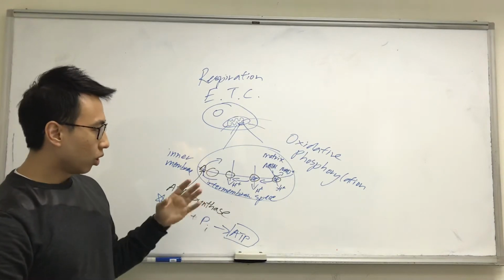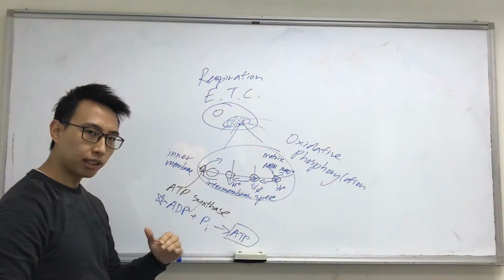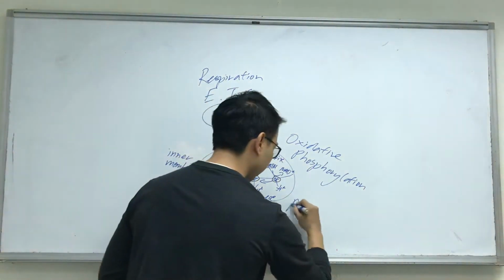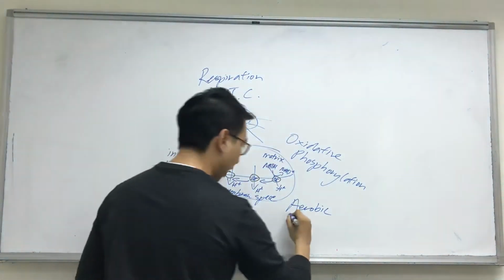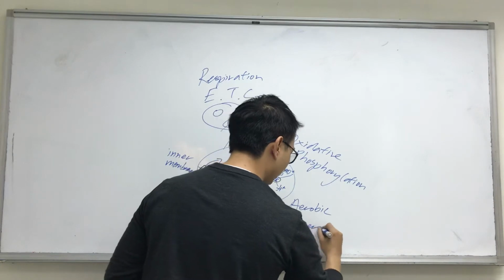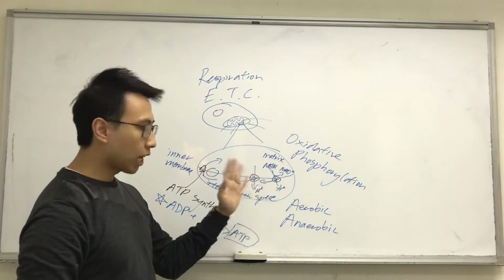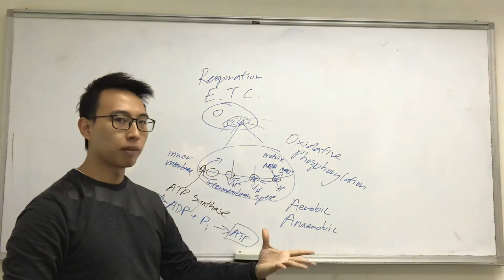Now, you will have a lot of ATP made using this process because, as you know in the IB, you have to distinguish aerobic respiration and anaerobic respiration. With each NADH and FADH2 that you oxidize, you will make a lot of ATP.